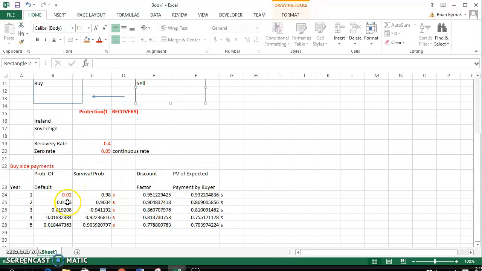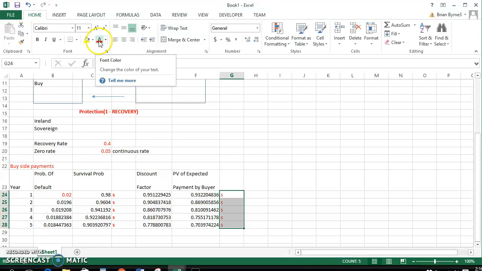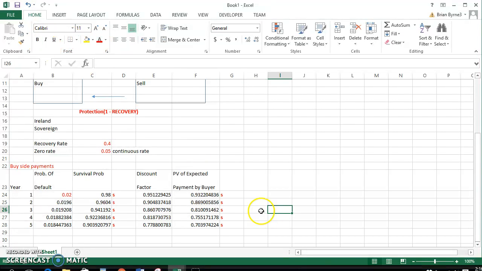In an uncertain world where we have a default, where we specified that the probability of default is 2% and the discount rate is 5%, then in taking account of default and taking account of present value, the buyer is paying 0.93 of S year 1, 0.86 year 2, 0.81, 0.75, 0.7.